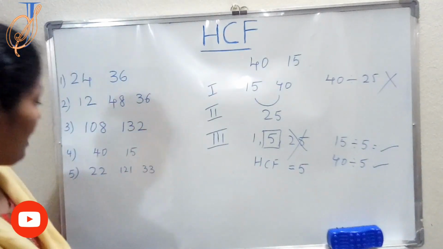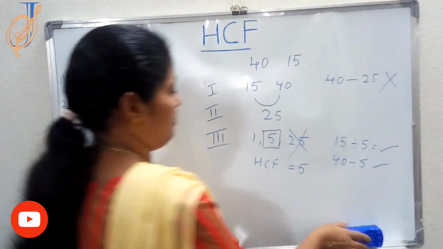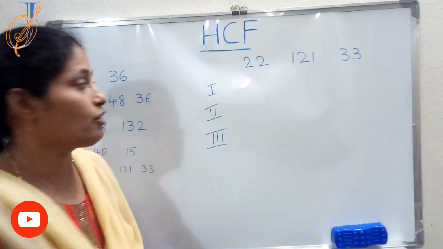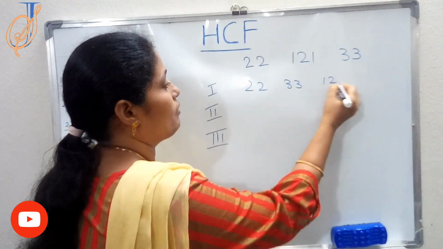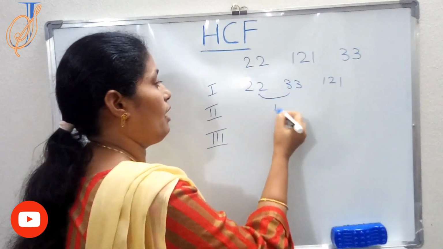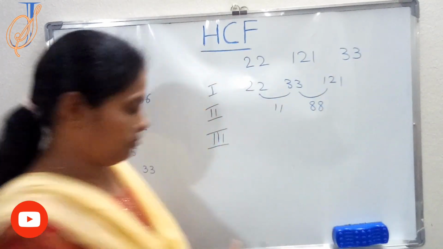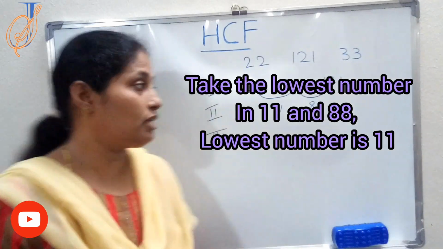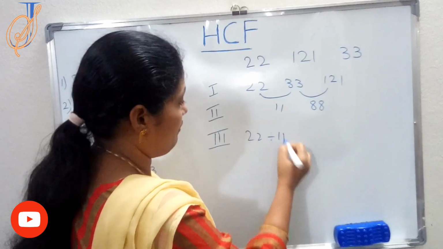I will go with another example, which is 22, 121 and 33. So first step, write these numbers in ascending order. 22, 33, 121. So find the difference between numbers. 11 and this. Done. What is our third step? Check for divisibility. Is 22 divisible by 11?